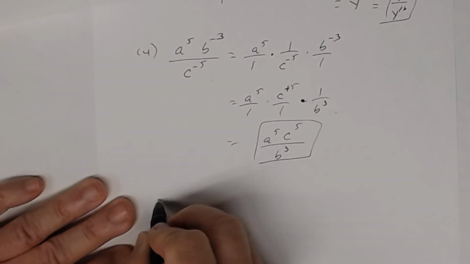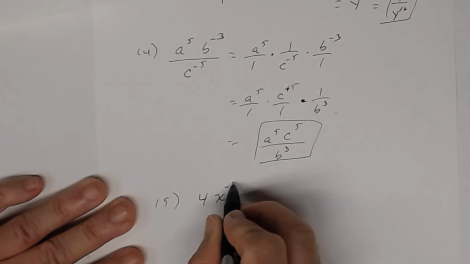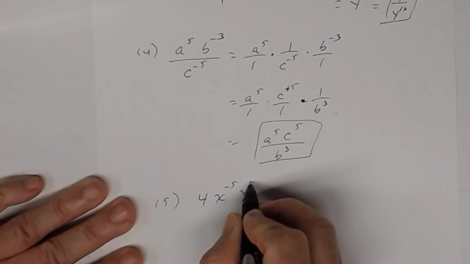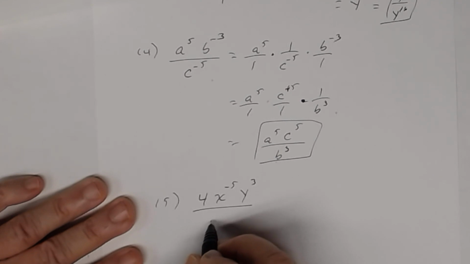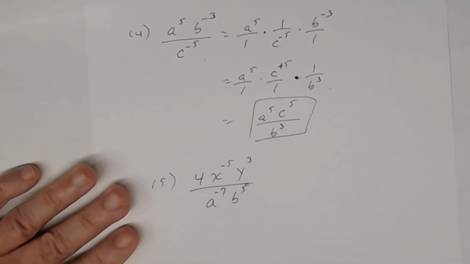Okay, so real quickly, what would you do if you had this? 4 x to the negative fifth, y to the third, divided by a to the negative seventh, b to the fifth. All right.